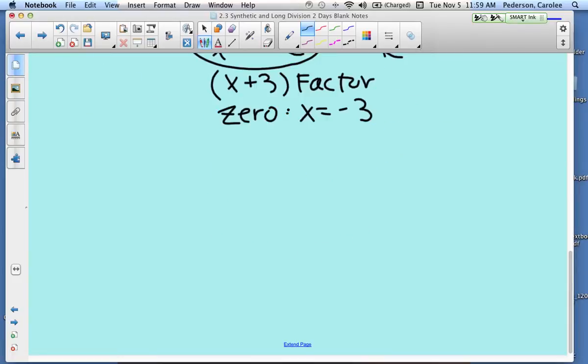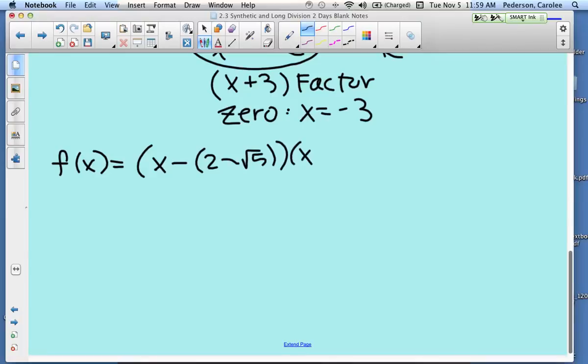If we wanted to write this in complete factored form, you would have x minus 2 minus the square root of 5, x minus 2 plus the square root of 5, and then x plus 3.